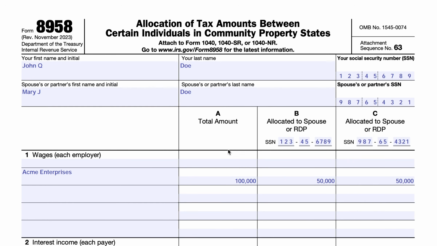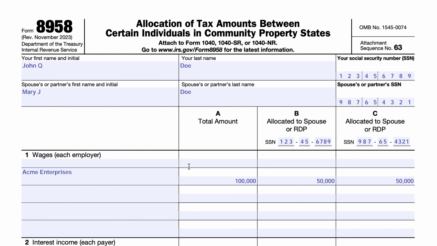They cannot claim the credit for the elderly on Schedule R. They cannot claim education credits on IRS Form 8863. There's a limitation on adoption credits, which you would claim on IRS Form 8839.